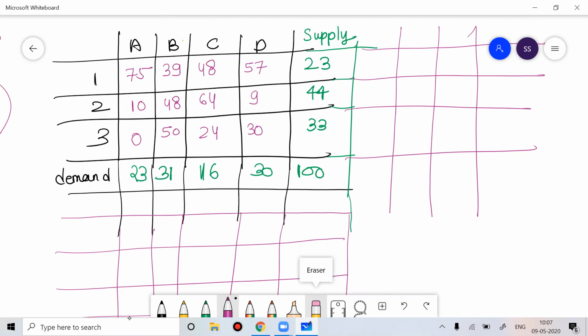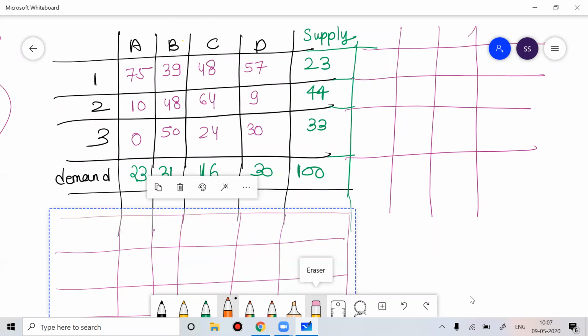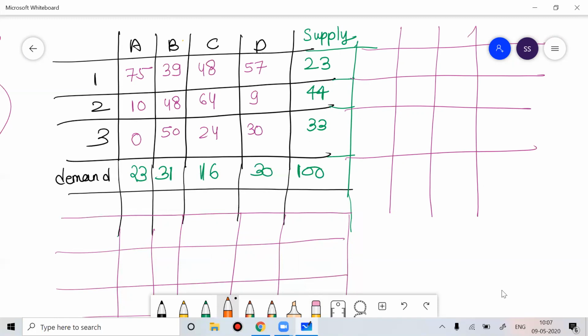Now if I apply Vogel approximation method, column wise, find the difference between the lowest and the next lowest element. You can see 10 minus 0, that is 10.